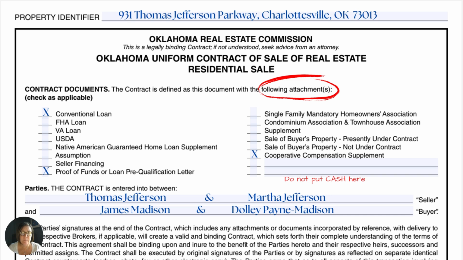So if the buyers are approved to purchase the property under just James' name or just Dolly's name, then you will only put the name that's on the pre-approval on the contract. It's not saying that we're cutting anybody out of the transaction. It's just to keep things simple for the lender. We want the buyer's name to match whatever they have on their approval.